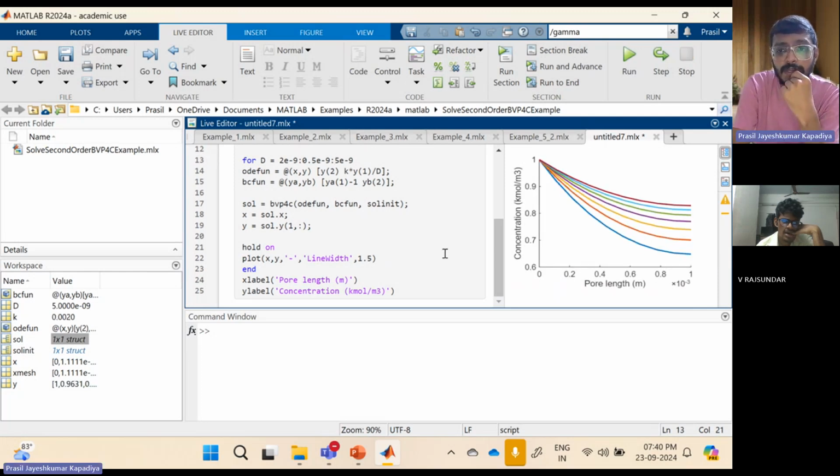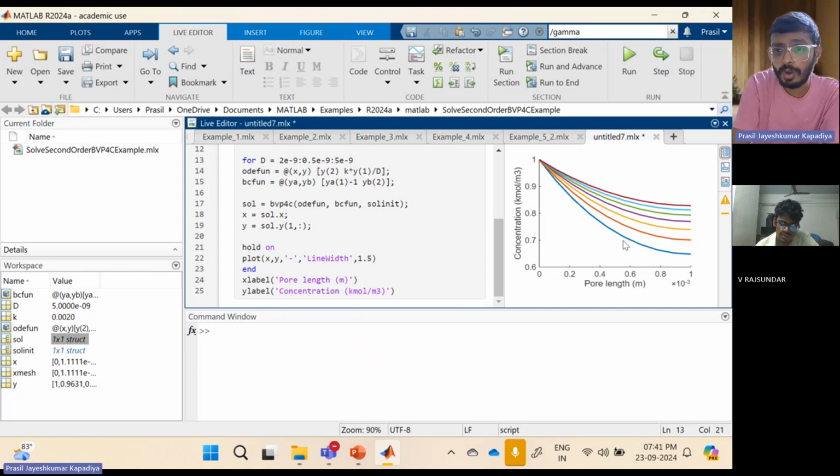So see what's happening. The diffusion coefficient was first 2 into 10 raised to minus 9. I guess it always starts with blue. Then as my diffusivity goes from 2 into 10 raised to minus 9 to 5 into 10 raised to minus 9, diffusivity is increasing, correct? So the concentration at a specific position is increasing.